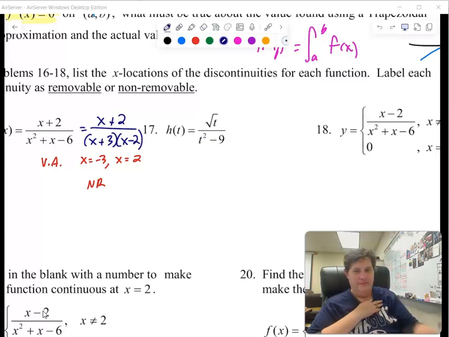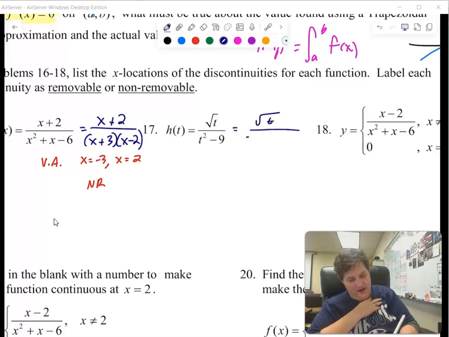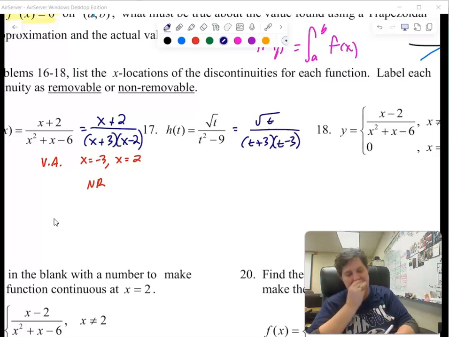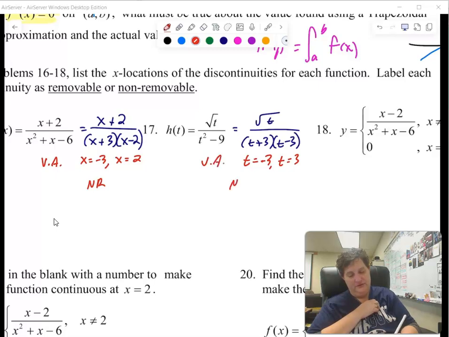All right, back up. Let me make more sense. Okay. These also have vertical asymptotes. Yeah, so it is as simple as just saying the bottom cannot be 0, which means that when t is -3 and t is +3, these are also vertical asymptotes, and those are both non-removable.